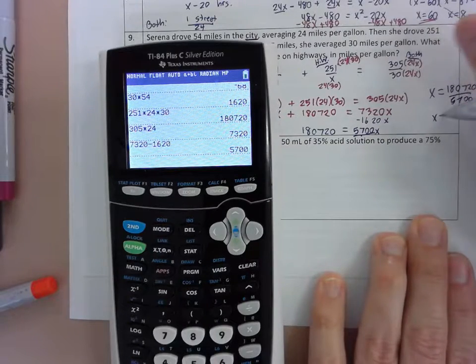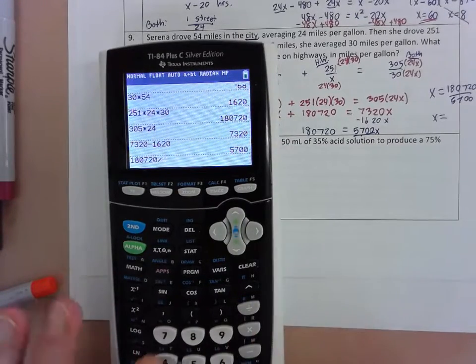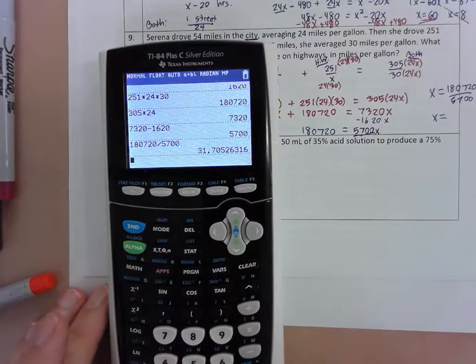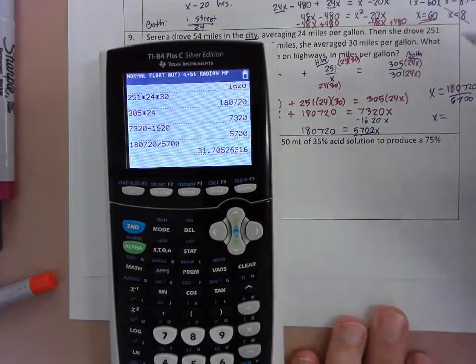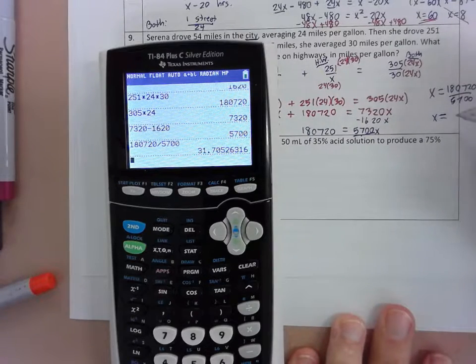Let's see what that is. 180720 divided by 5700. And it's a decimal, so we'll just have to round that. It doesn't say what to round it to, so usually for miles per gallon, just one decimal point's fine. So 31.7 miles per gallon.